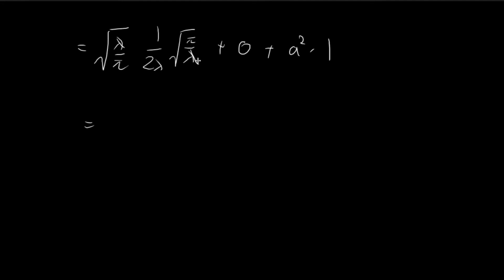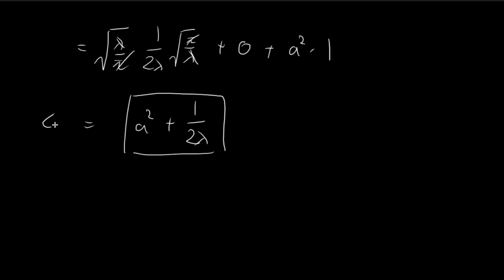And then you can see that these terms conveniently cancel out, so in the end we have a squared plus 1 over 2 lambda. And there you have it. This is the expected value of x squared. And so we have found the expected value of x squared.